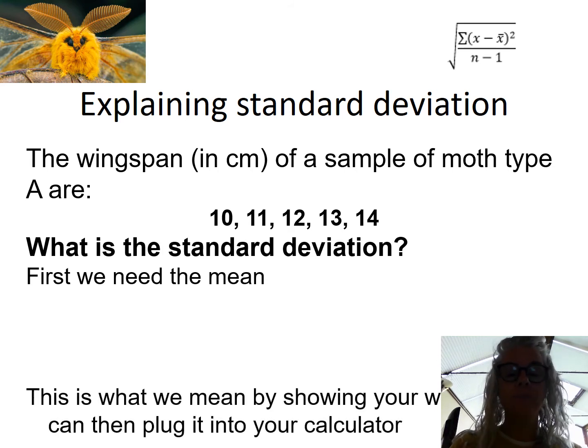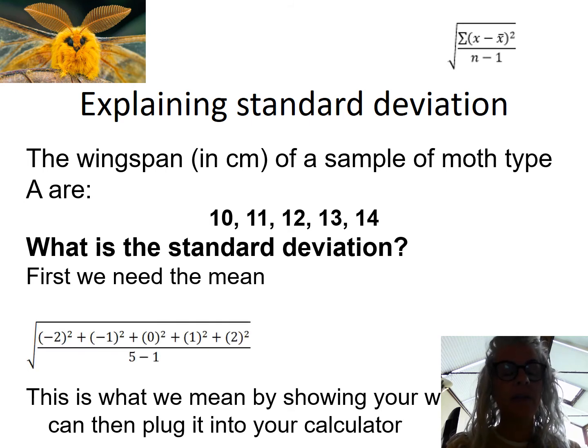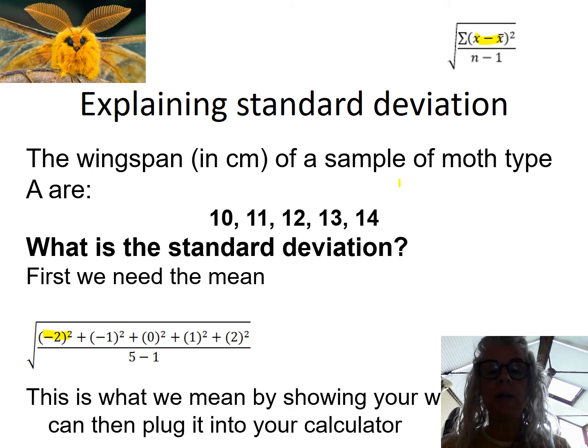And so then you need to show your working out. Now, this is showing your working out, but you can see in these brackets, they've already calculated x minus the mean. Now you can just write out x minus mean. So you could do 10 minus 12 squared. So that's a rubbish 2.